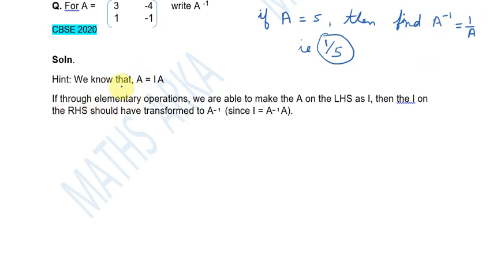We know that A is equal to IA, because the identity element multiplied with A doesn't change anything, and it would remain as IA.